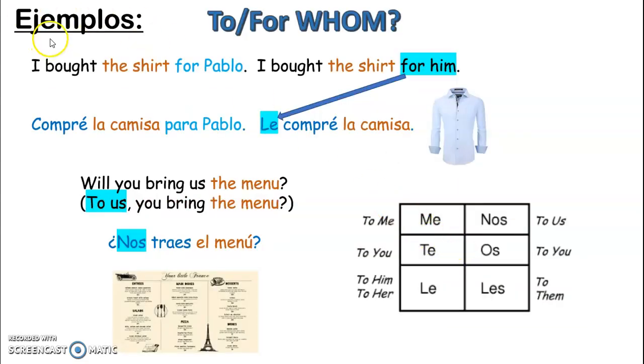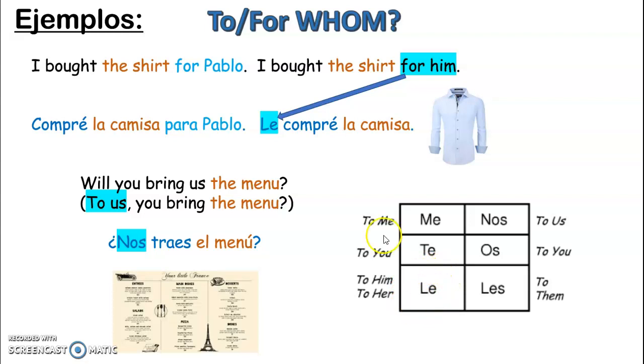So here are some ejemplos. I bought the shirt for Pablo. For whom did I buy the shirt? For Pablo. So we say, I bought the shirt for him. In Spanish, compré la camisa para Pablo. And then the for him is down here.